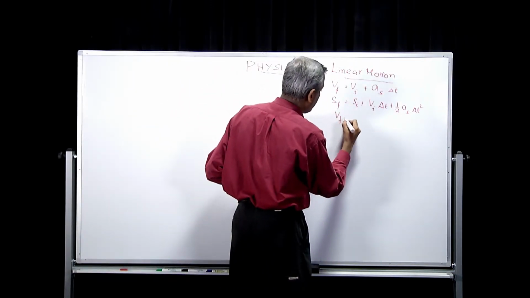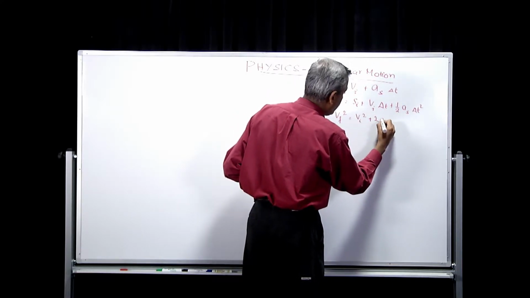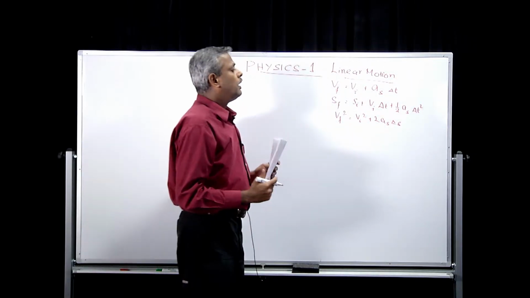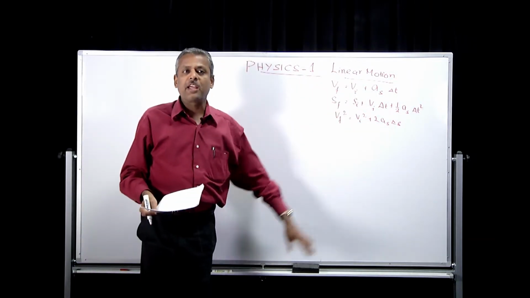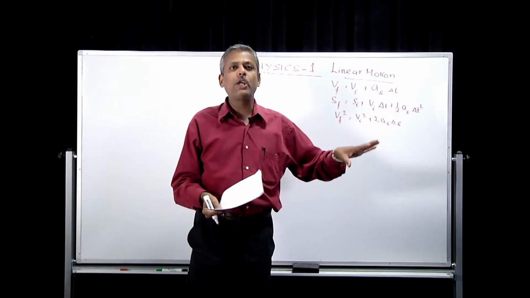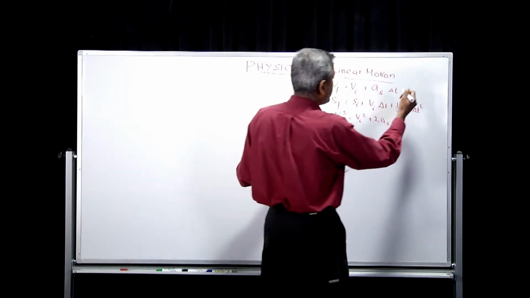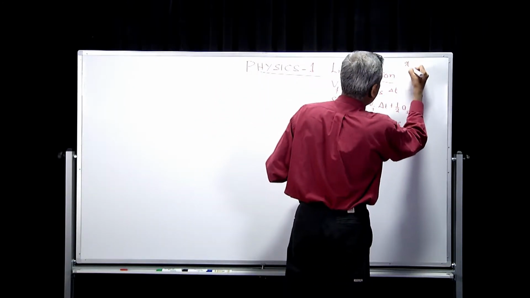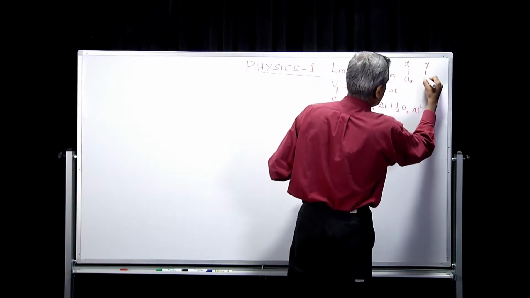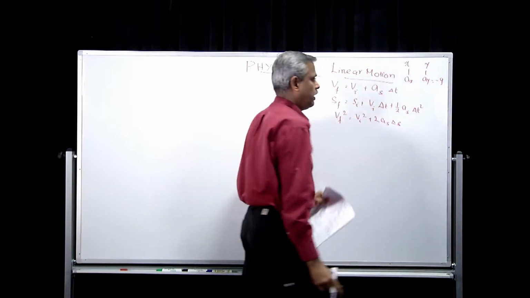Then also we have Vf squared is Vi squared plus 2a delta s. We have seen all these kinematic equations, in one dimension you use s, in two dimensions you use x and y. If it is x motion you use Ax, if it is y motion you use Ay, which is your gravity, minus g. Okay?